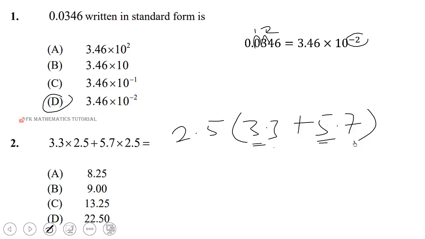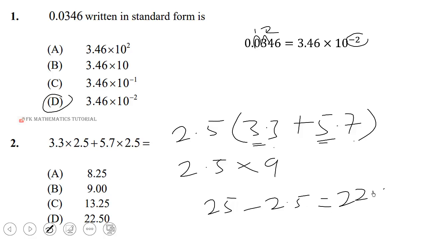So 8 plus 1 will be 9. So 2.5 times 9. If it were 10, we would have gotten 25. But because it is 9, you have to subtract 2.5 from it. And that will give us 22.5. So the correct answer is option D.